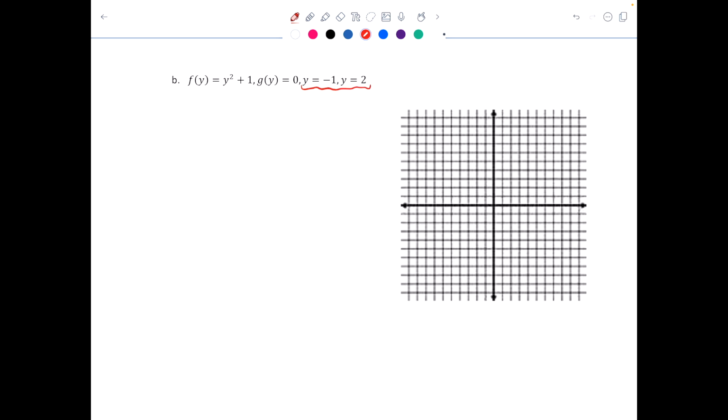And so for this one, again, I don't think we're going to have to worry about super big numbers. So I'll have the same scale.